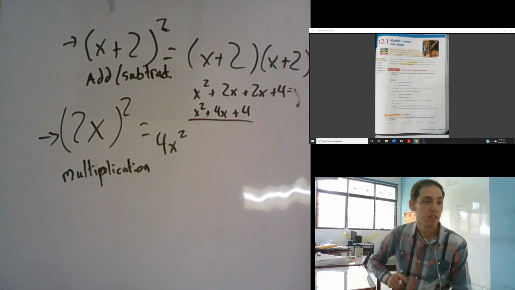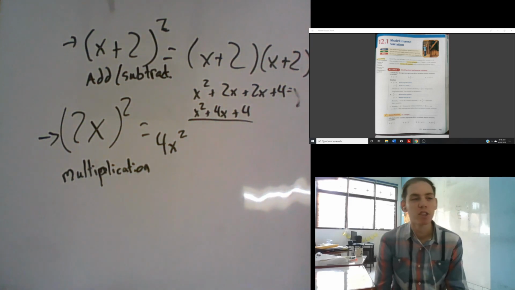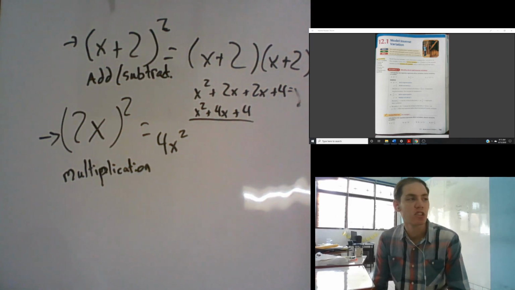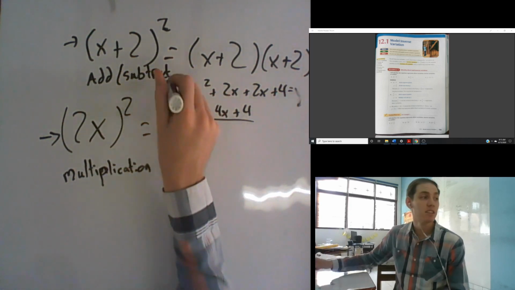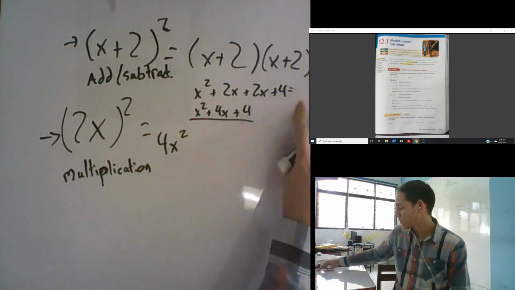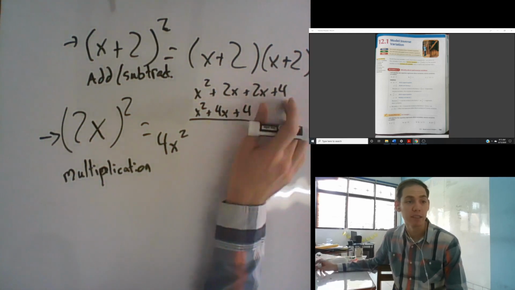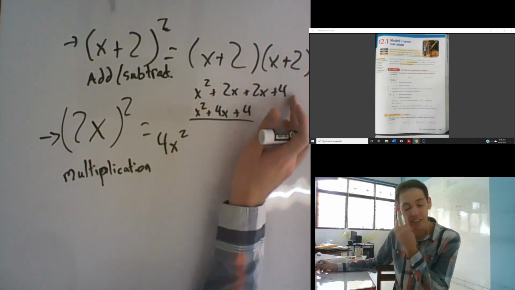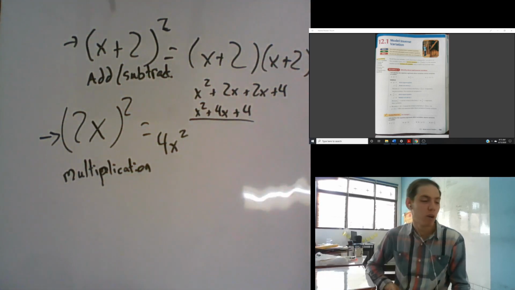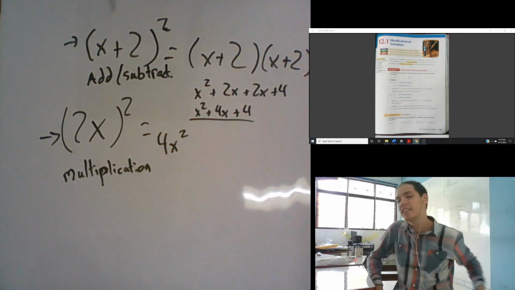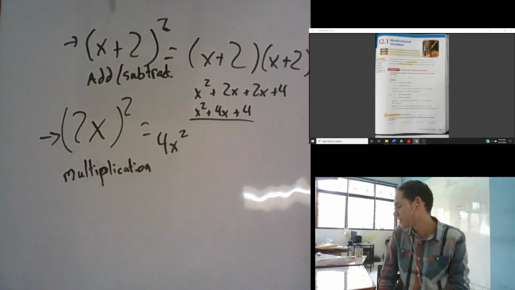Okay. Why are we reviewing this? Because so many people made mistakes on this. Didn't we learn this before? Yes. In fact, we're going to keep learning it until we get it embedded in us.